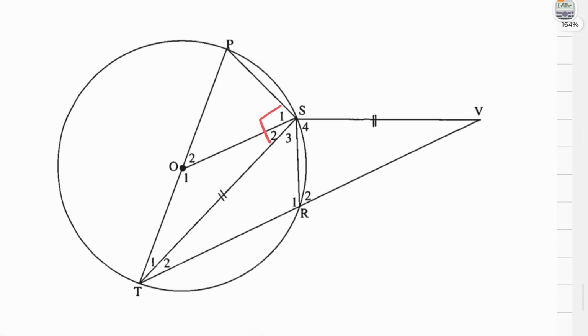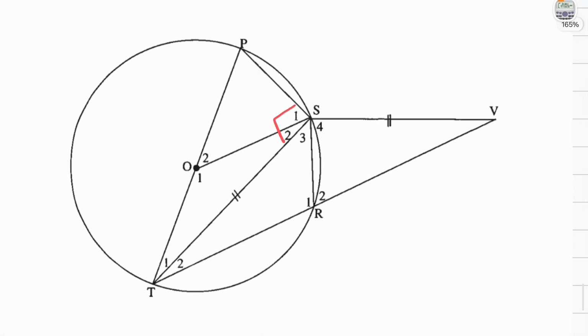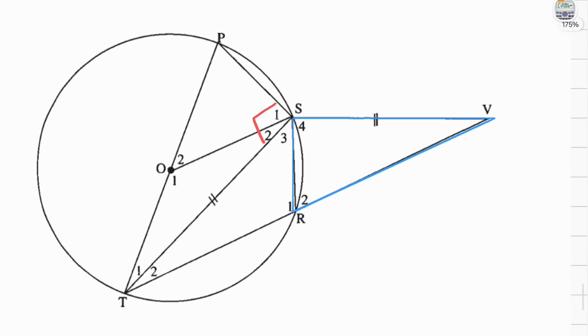Okay, so let's construct a way to find angle S4. Angle S4, where is it? Well, it's not really included in the cyclic quad, but it's outside the cyclic quad over here. It is, however, included in this triangle. So let's try to use this triangle to find angle S4.